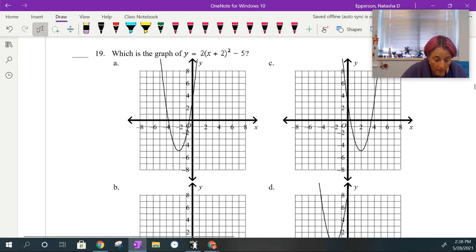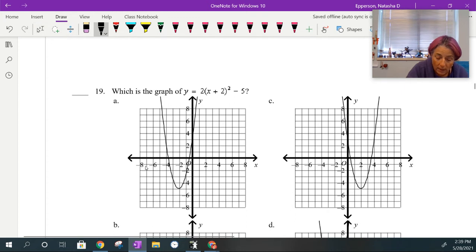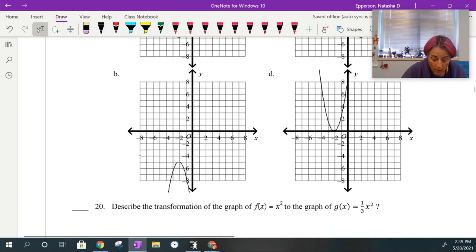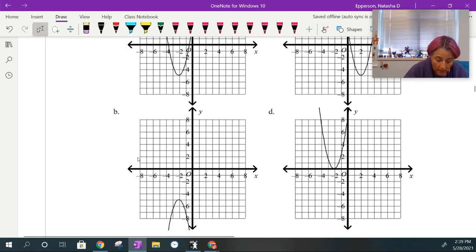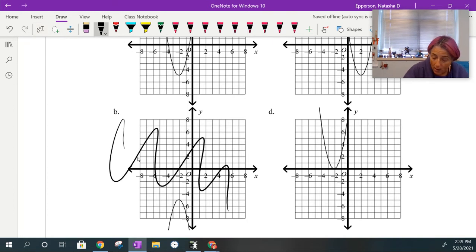Okay. Number 19, which is the graph of this vertex form given. All I need to look is my vertex, which is -2, -5. And I know D is out, B is out because it's going down. That means our A value should be negative, but our A value is positive, so B is out.